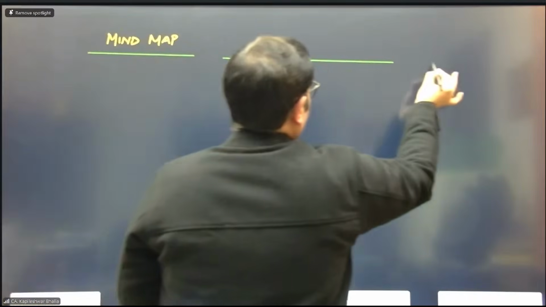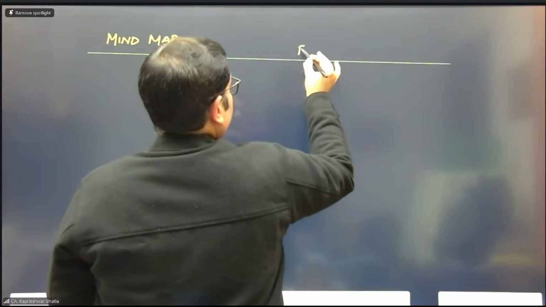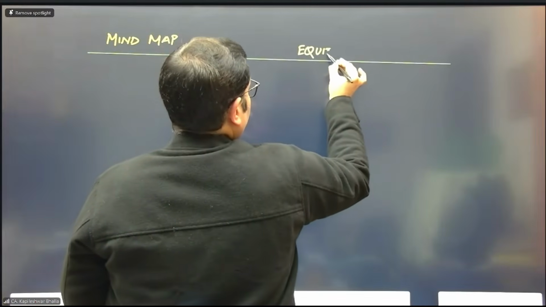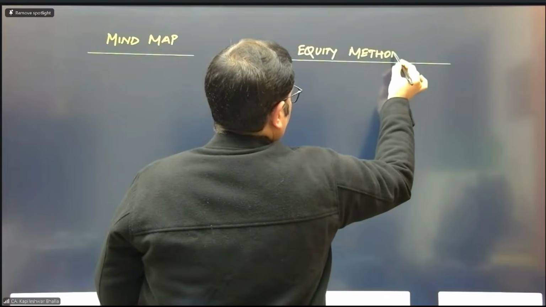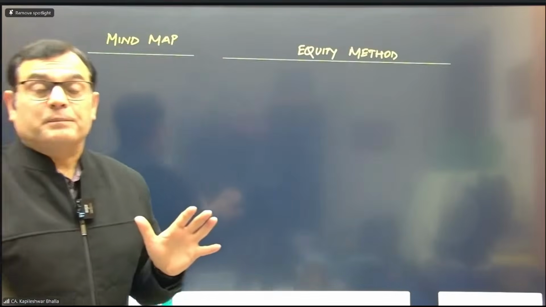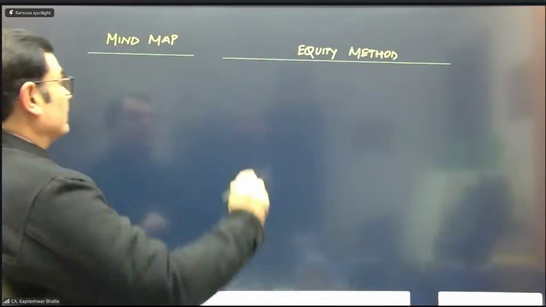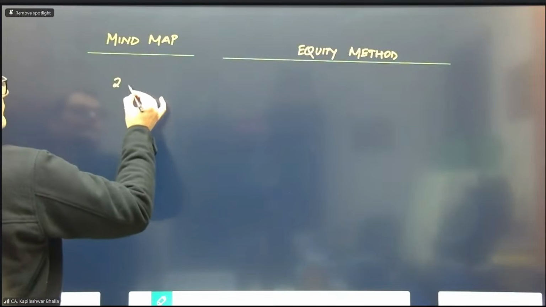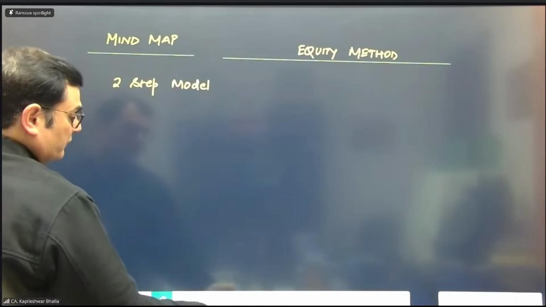So we're looking at block number two in specific, which we've already discussed, and this is the application of equity method of consolidation. I always tell people that when you're looking at a consolidation under Ind AS 28, just apply a simple two-step model. That'll keep us absolutely correct on the application of this method.